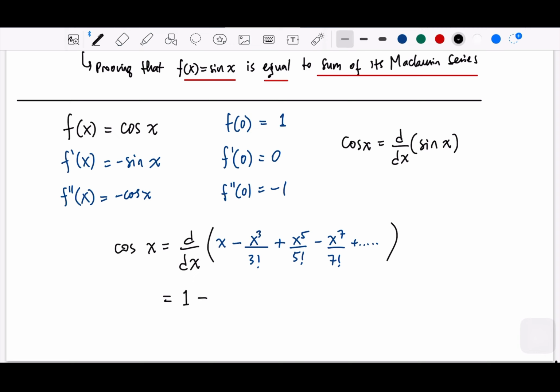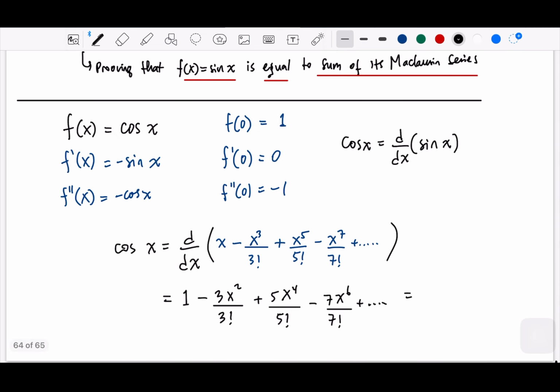And this will be negative 3x squared over 3 factorial plus 5x to the power of 4 over 5 factorial minus 7x to the power of 6 divided by 7 factorial plus, and we can simplify the factorials. Okay?